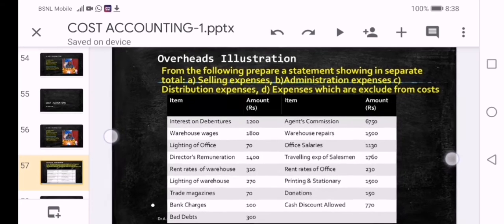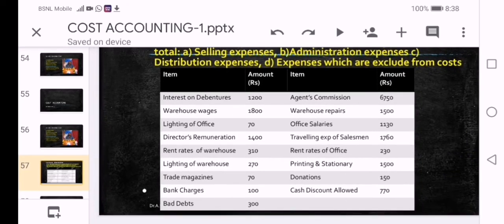Now the question is about 10-15 items are given, like interest on debentures, warehouse wages, lighting of office, and so on, till the last items like printing and stationery, donations 150 rupees, cash discount allowed 770 rupees.